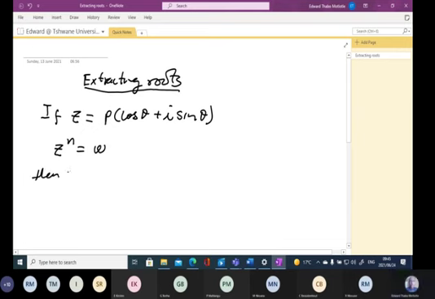We are given that W is itself a complex number, R cos phi plus i sine phi. It can be anything, you can use X, don't worry, it's just a symbol.